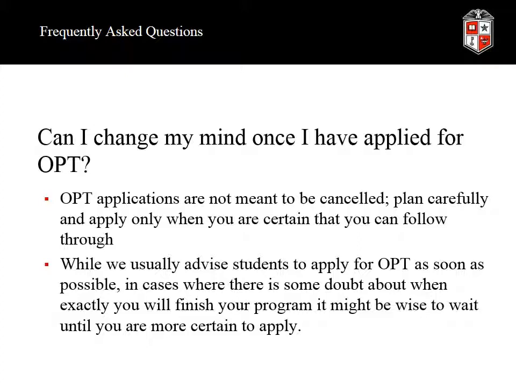In cases where there is some doubt about when exactly you will finish your program, you might want to consider putting off applying for OPT until you have greater certainty that you will finish. If you do not finish and then you want to cancel the OPT after you have applied, that can get very complicated.